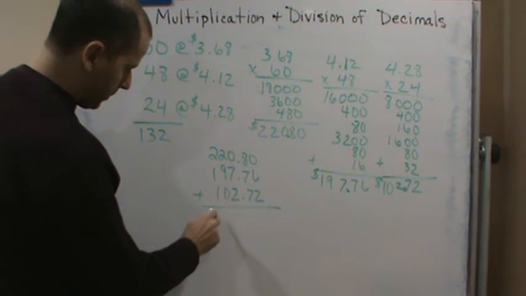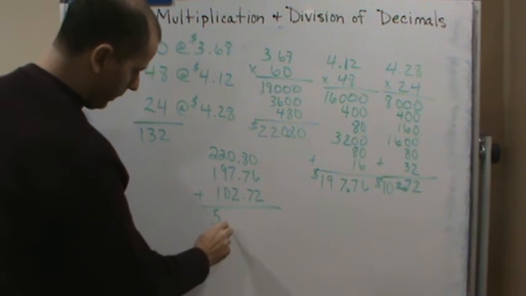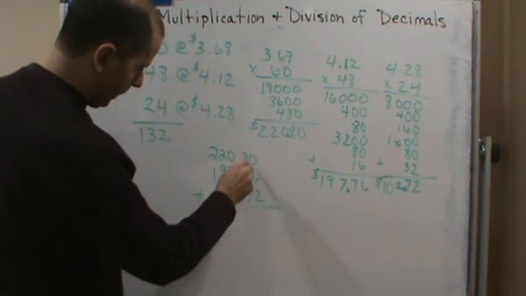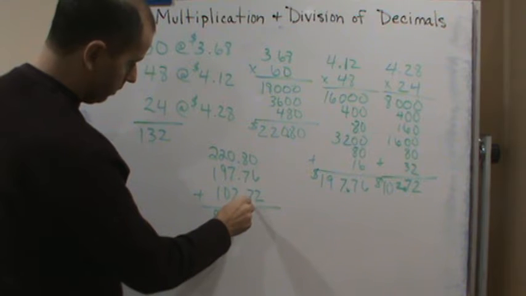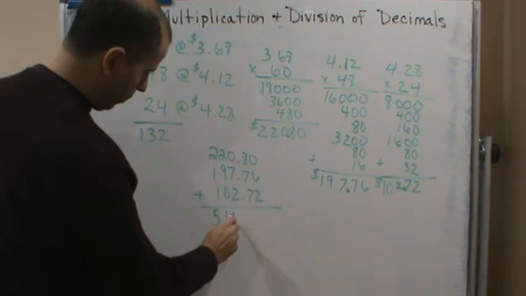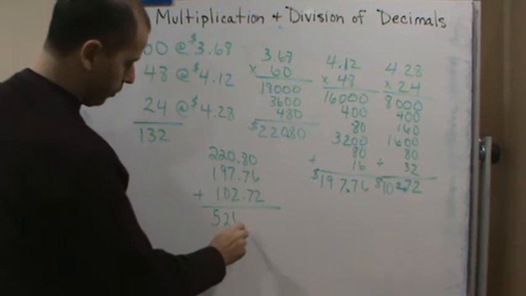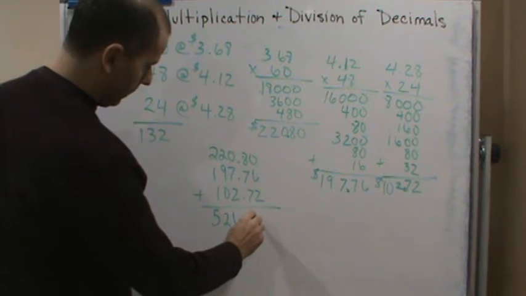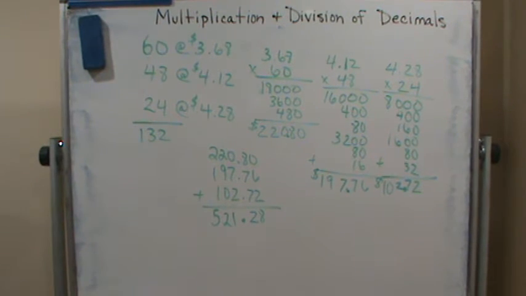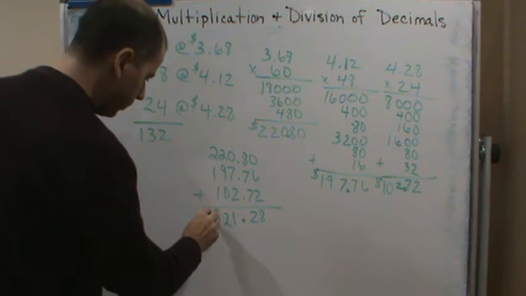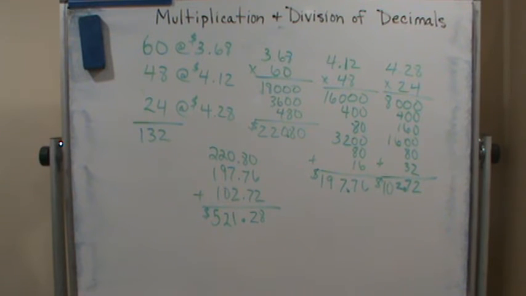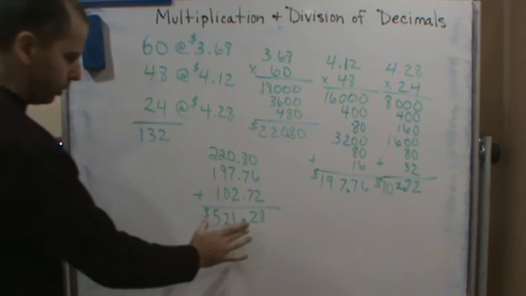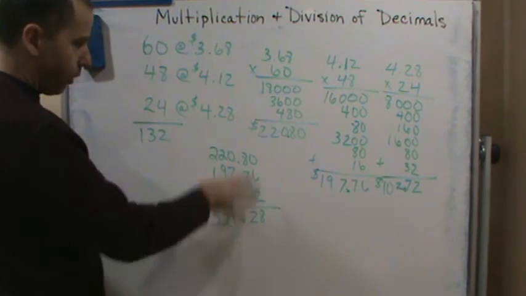So the total cost for all 3 orders was $521.28.